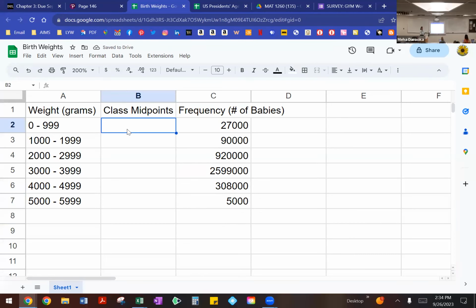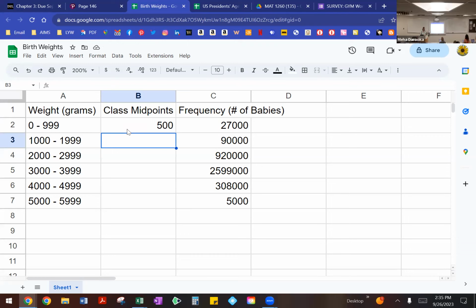All right, so did we come up with what our class midpoint should be for the first class? So remember, that's the lower limit, so 0 for the first one, and then 1,000 for the second one. Add those together, and you'll see I'm putting that in parentheses again. Actually, it should be 500, because you're using the lower class limits, right?